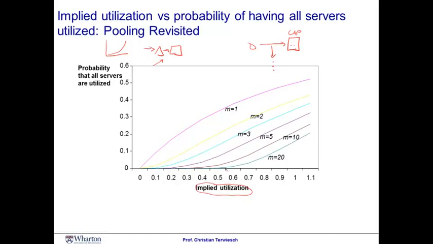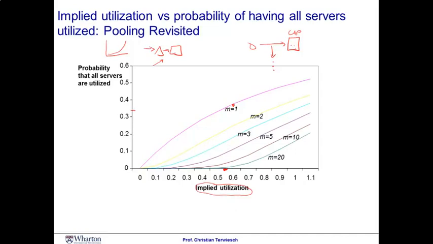You notice that for a 50% utilization, I have about a 30% probability that all servers are busy. If you think about the fire truck, for example, and assuming that you don't want to have a long waiting line of 911 calls waiting for the fire truck, you notice that at a 50% utilization of the fire truck, 30% of the calls would actually get a problem.